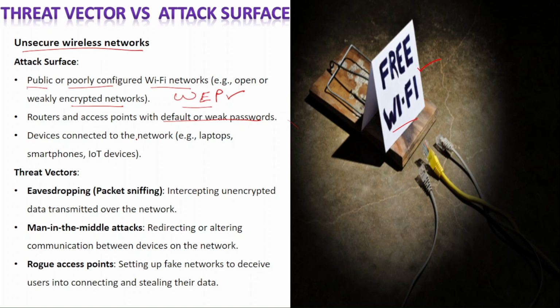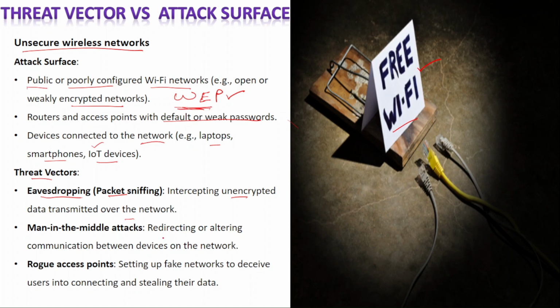The devices connected to these wireless networks, for example, laptops, smartphones, and IoT devices, Internet of Things devices, are also an attack surface for the attackers. So what are the threat vectors that can be used in an unsecured wireless network? The first one is eavesdropping or packet sniffing, intercepting unencrypted data transmitted over the network. So if no encryption is employed over the Wi-Fi network or the encryption is weak, such as WEP, the packets can be sniffed and intercepted.